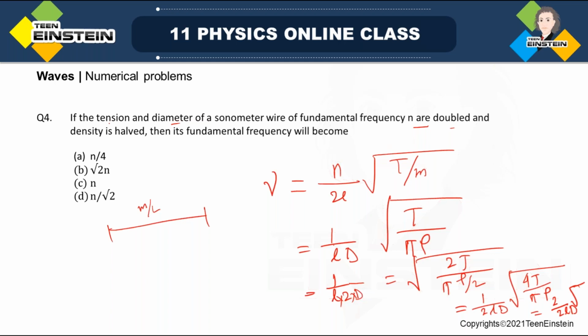Diameter is also doubled, so here another 2 will be there.